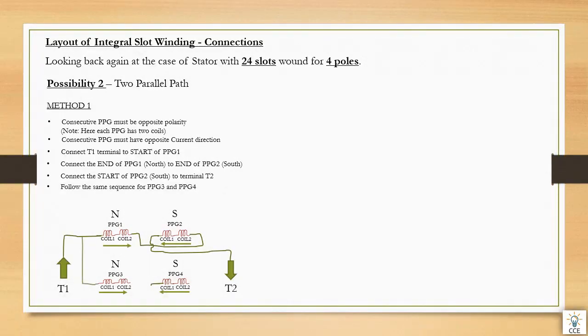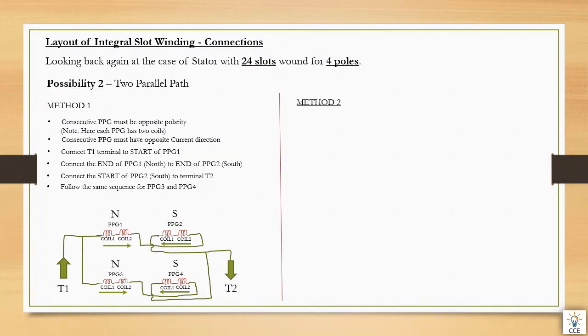So what we do is we follow the same sequence and we bring a parallel path from the terminal T1 and connect it to the start of the pole phase group 3, and then we connect the end of pole phase group 3 to the end of pole phase group 4, and connect the start of pole phase group 4 to the terminal T2. So that's how we connected the four pole phase groups in two parallel paths. So this is one of the methods.